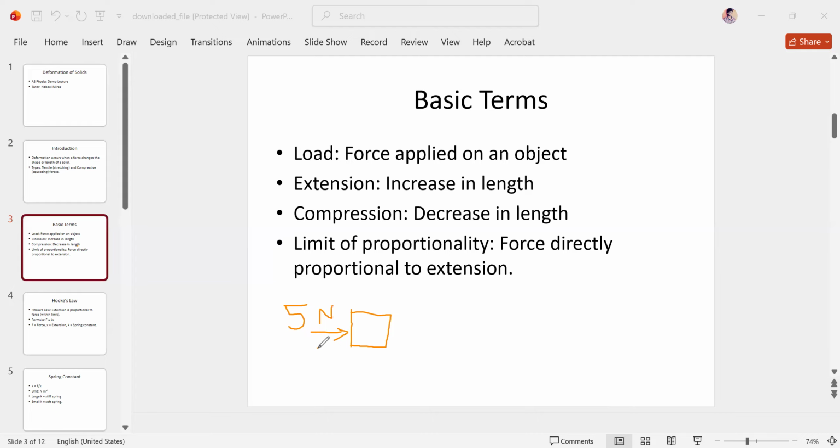It means that its limit of proportionality is 5. The sign of proportionality is K, and its value is 5 Newton.